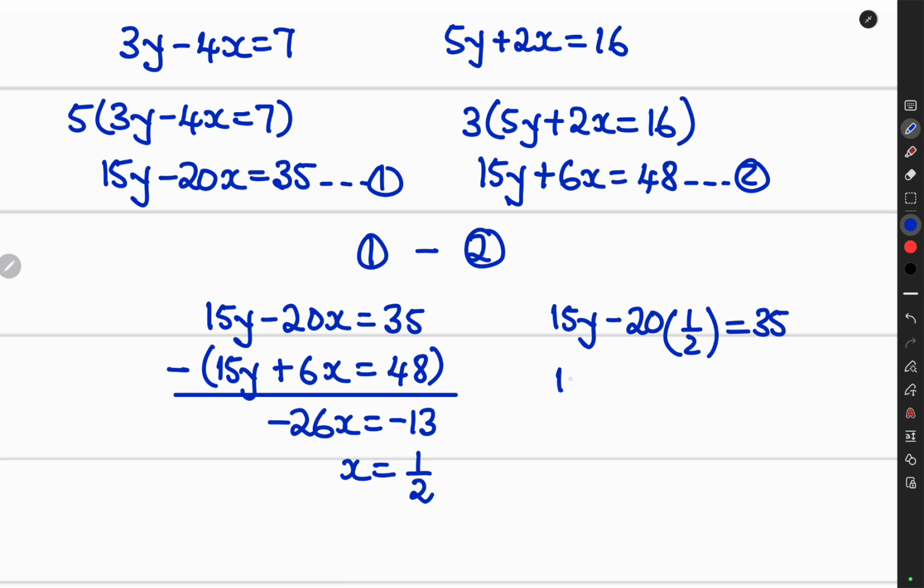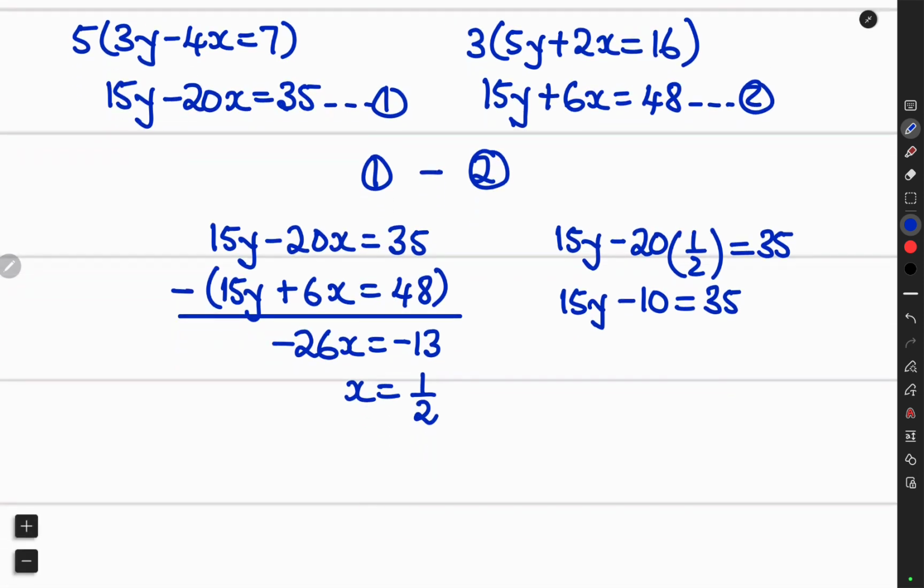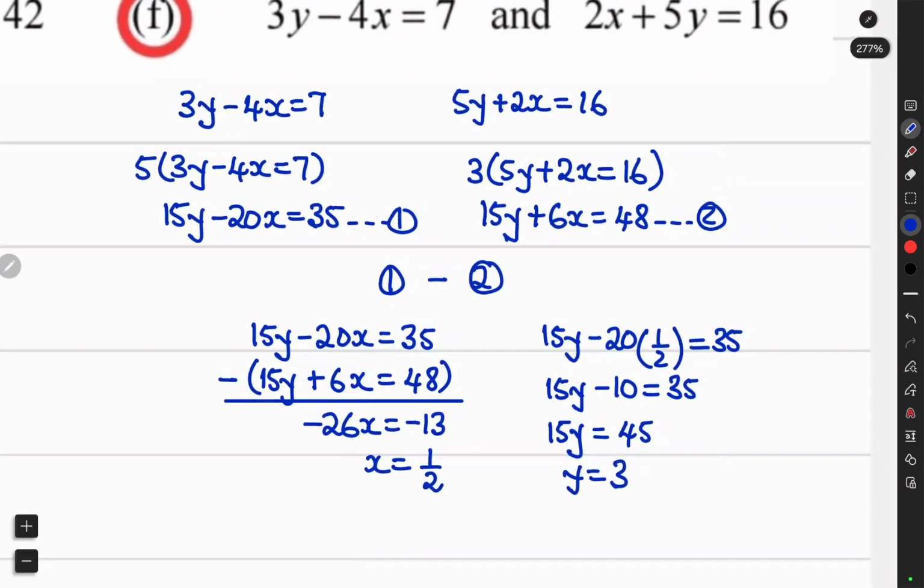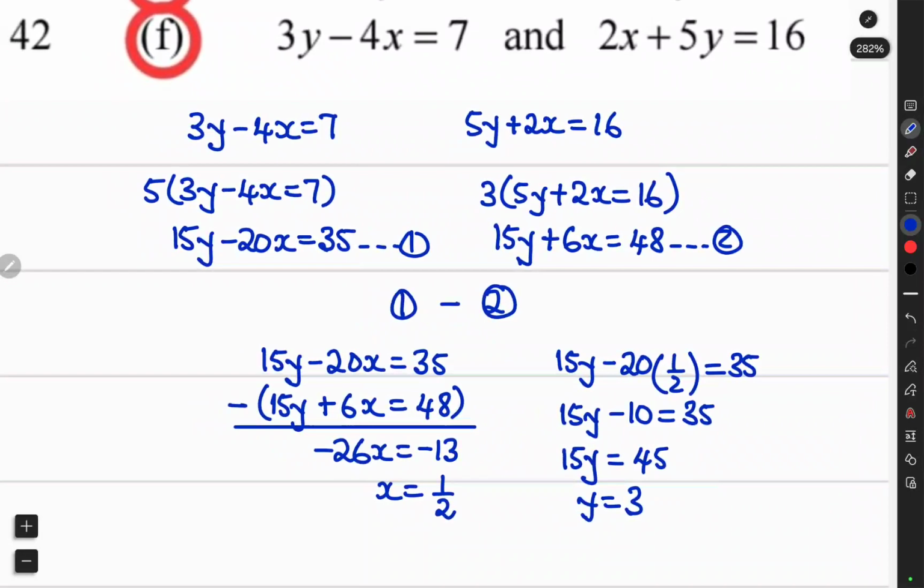This will be 15y minus 10 equals 35. So you can have your 15y equals 45. If you have 45, y will therefore become 3. And that's the end of the story.